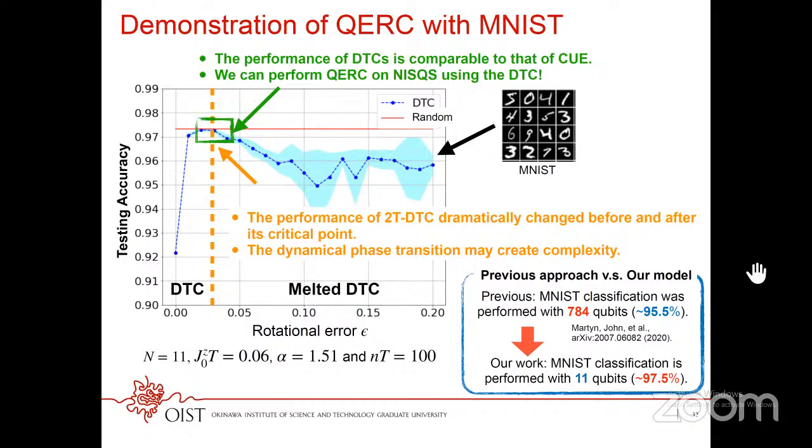Yeah, it's a good question. Maybe you know that MNIST is not so difficult compared to other classifications. Fashion MNIST is the next interesting data set for us because it's still simple, but much more complex than MNIST. And of course, in the Fashion MNIST case, we cannot get very nice results with 11 qubits.